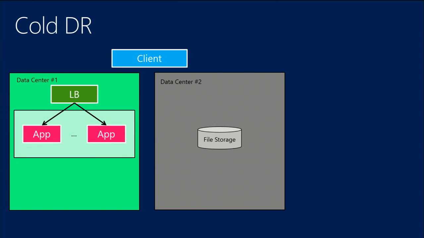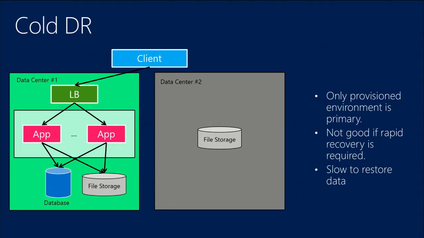The application is running, the backup is running, and put everything there, and everything is good again. And in some cases, this is really interesting because the cost is low. So I only have one site provisioned. I'm relying on my backup strategy in order to have this.